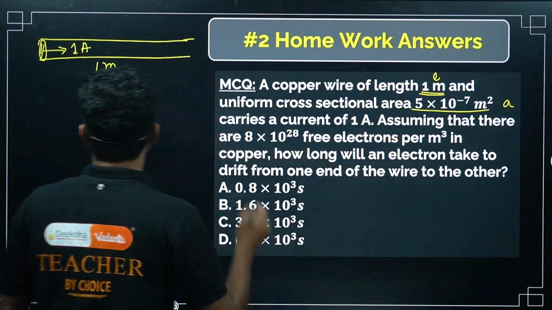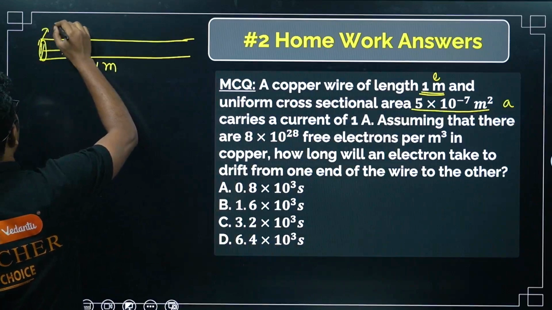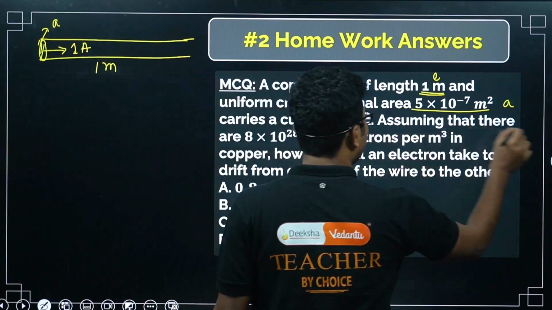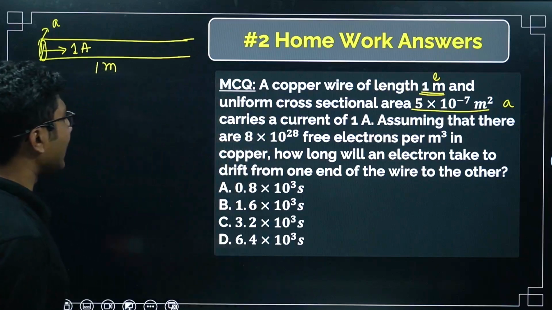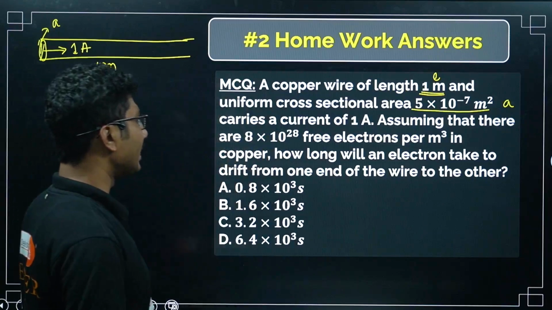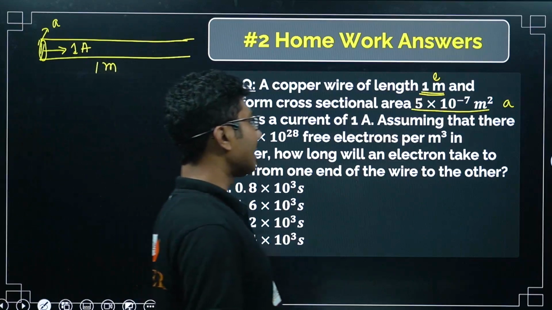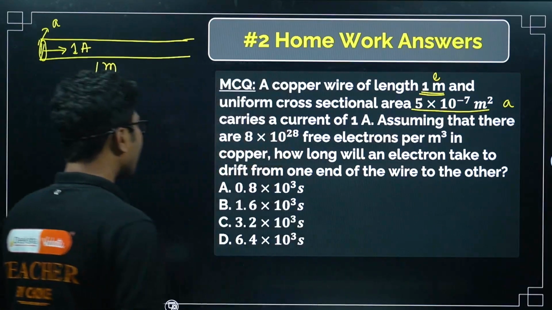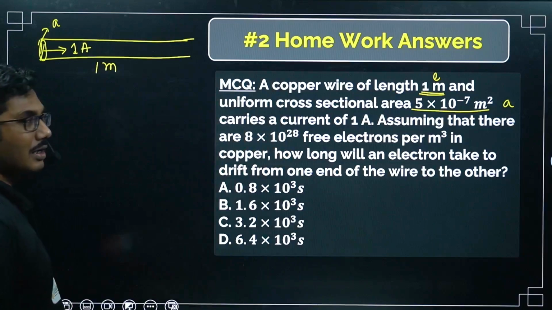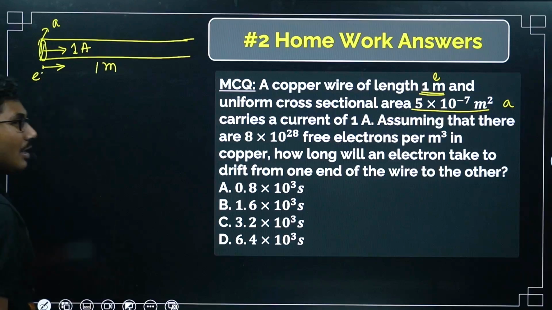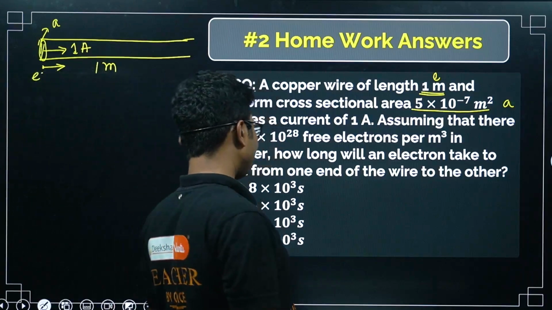Now, assuming that there are 8 times 10 to the power 28 free electrons per meter cube in copper, how long will an electron take to drift from one end of the wire to the other? So, one electron, to drift from this end to the other end.